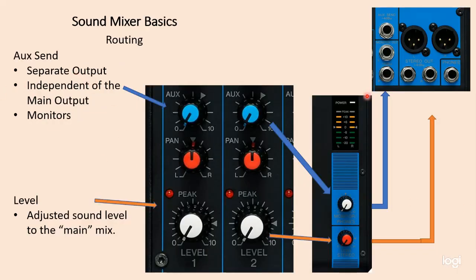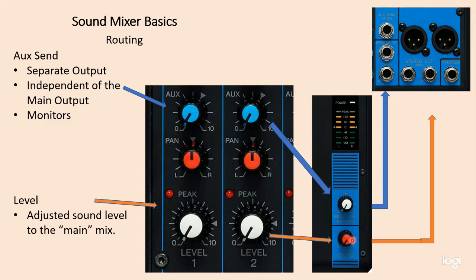And you'll see on our soundboard, there's this blue knob. It's right above pan, right? And this aux send is a completely separate send that is independent of our level control and our mains control. It is a separate output and completely independent. And we often use that for monitors, right?